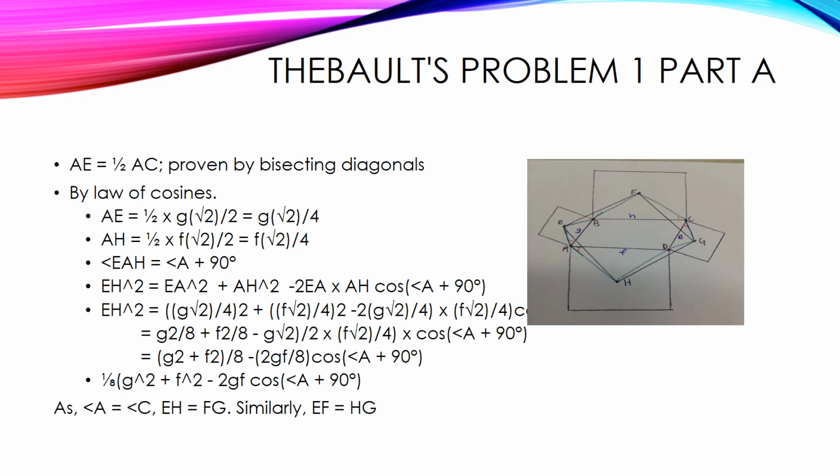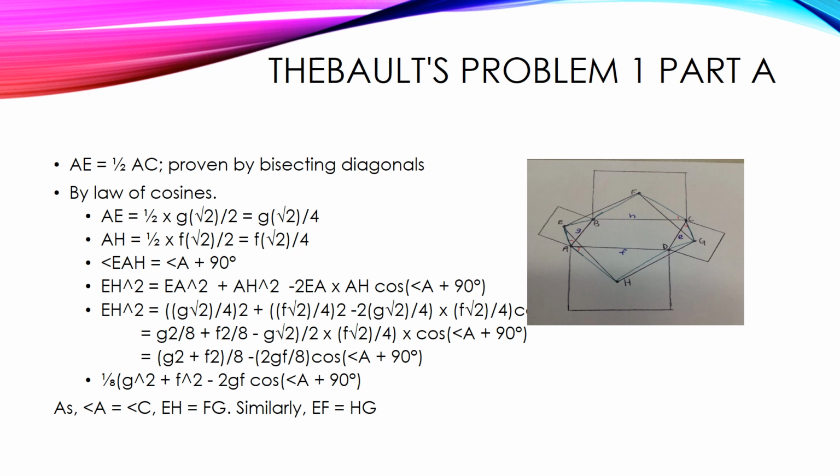And also we can do the same thing for line AH, which yields 1/2 times F times the square root of 2 over 2, or we can simplify it and we get F times the square root of 2 over 4. And also angle EAH is equal to angle A, the one within the parallelogram that we drew in the beginning, plus 90 degrees.